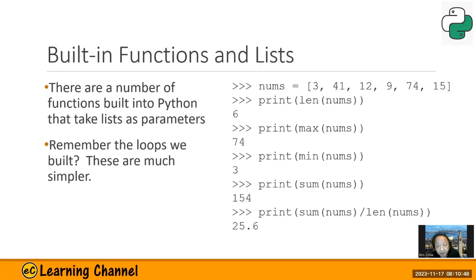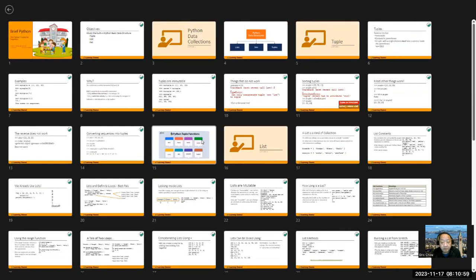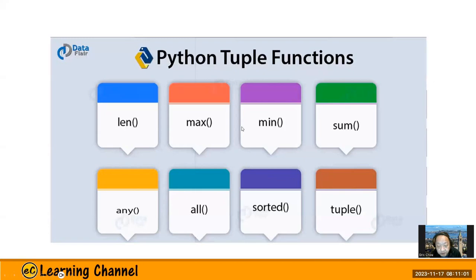Okay, so there are some built-in functions such as len, the length of the list, max, min, and sum. Okay, this set is similar to the table that we saw a moment ago for the tuple. Okay.